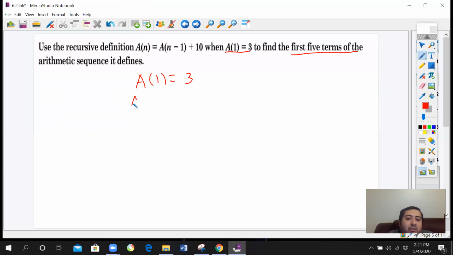We need to figure out our a2, our a3, our a4, and our a5. Find the first 5 terms. So this is your first 5 terms.